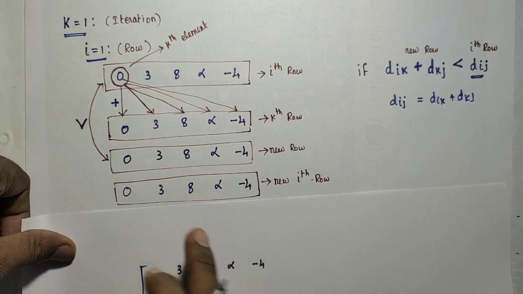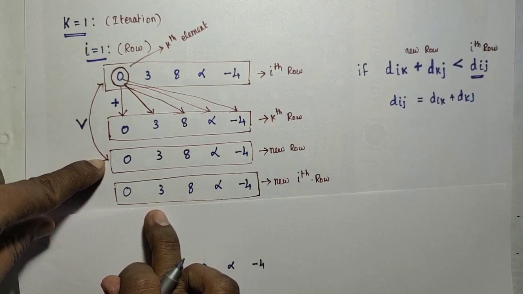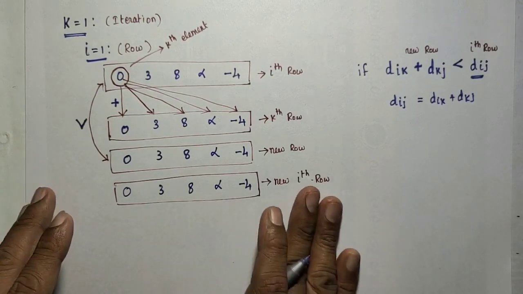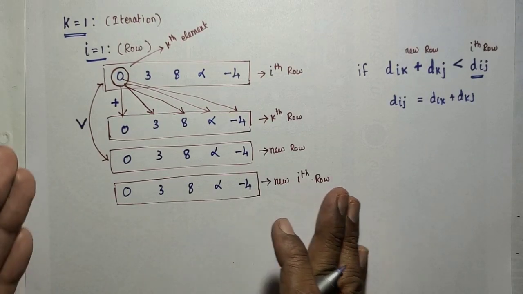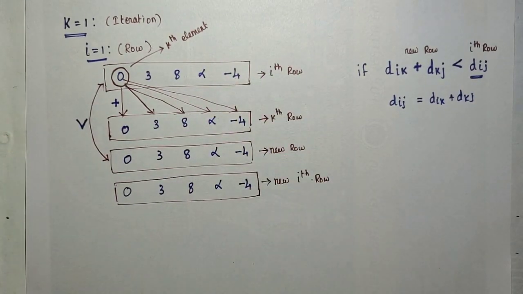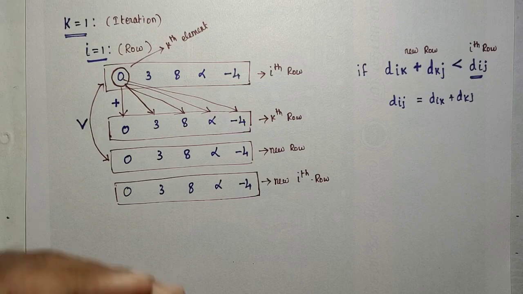The changes may be there only if the condition is true, otherwise you can write it as it is. Since this is the very first iteration, I explained in detail by writing the corresponding row. Later on, from the next iteration, by seeing the matrix itself, we can directly write the resultant matrix.